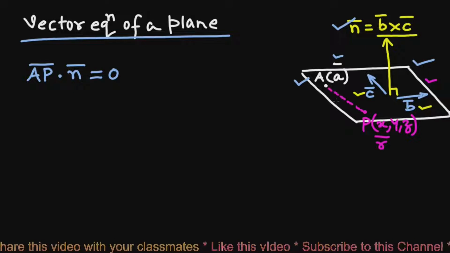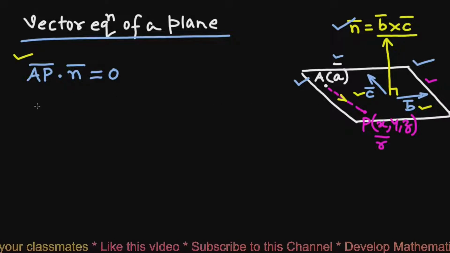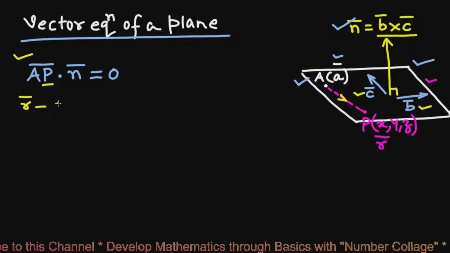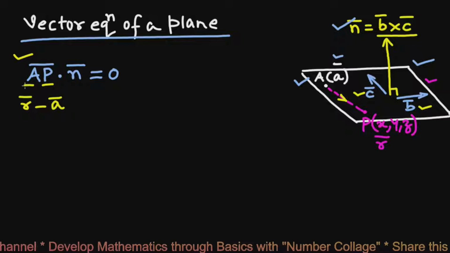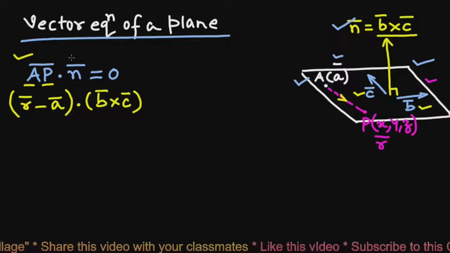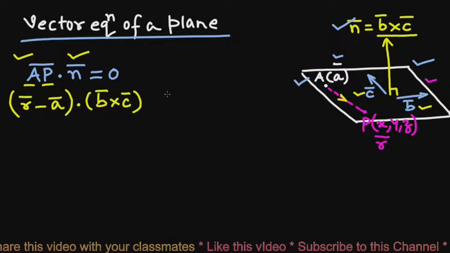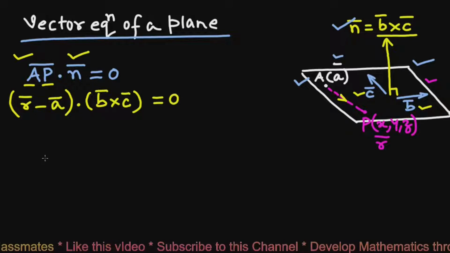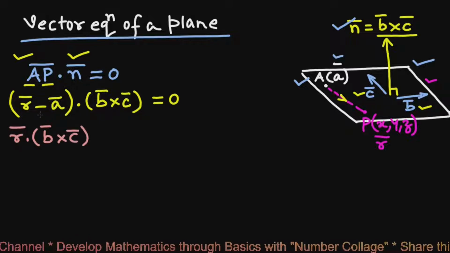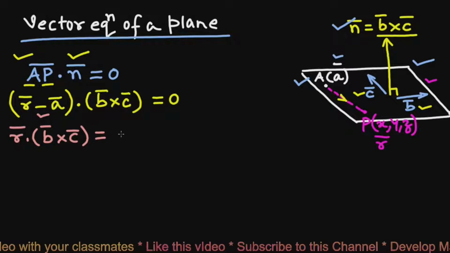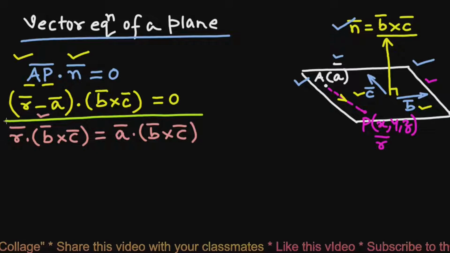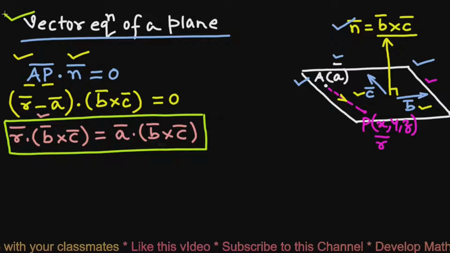So we write vector AP bar as r bar, the position vector of point P, minus a bar, the position vector of point A, dot b bar cross c bar, the normal vector represented by n bar, equals 0. Now this will be r bar dot b bar cross c bar, and because of this minus sign it will be a bar dot b bar cross c bar, which is the required vector equation of this plane.